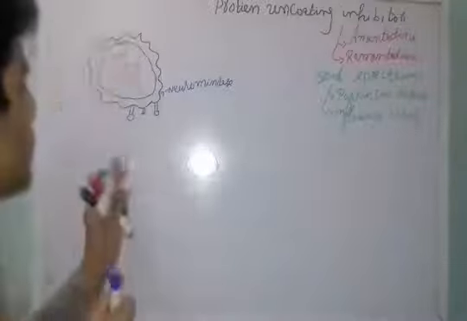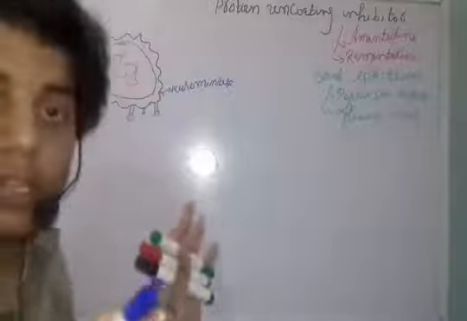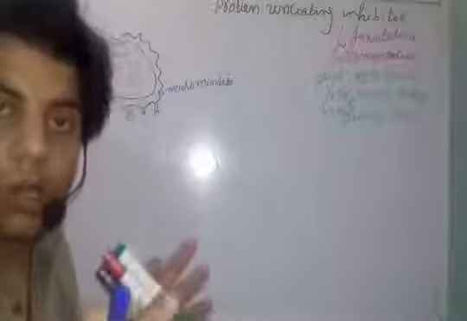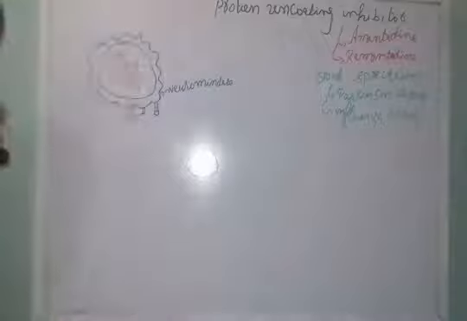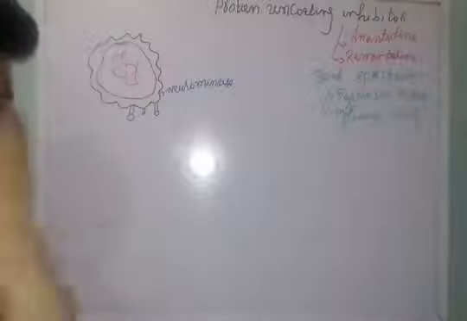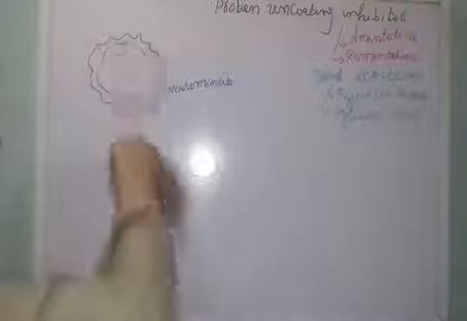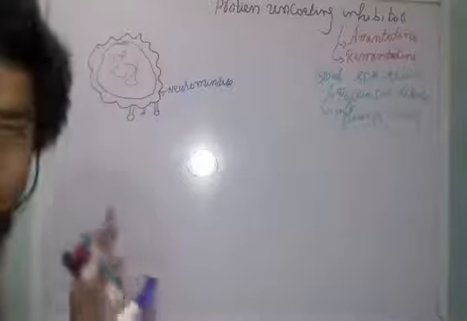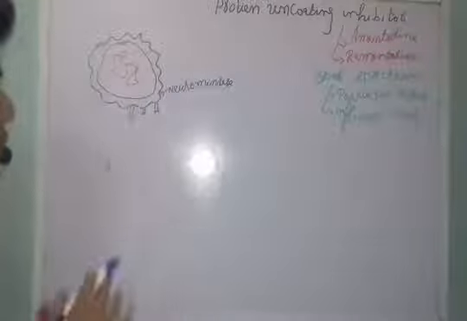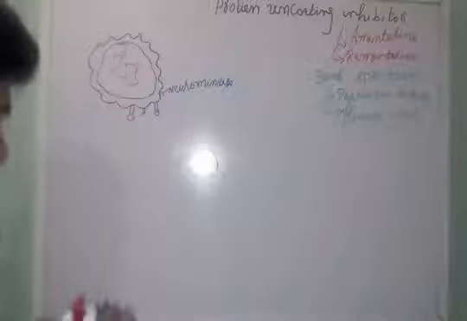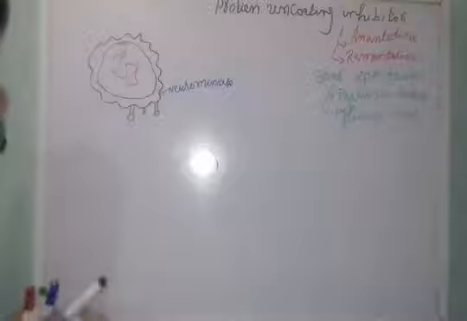But here you just need to understand that this area is responsible for the attachment to the host receptor, and then the virus will be internalized. Fine. Let's suppose this structure represents the influenza virus, a rough form of it, and there are also some other proteins.